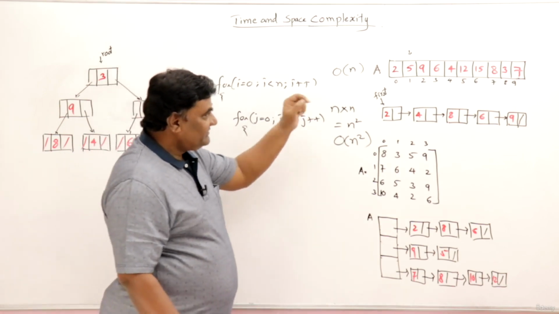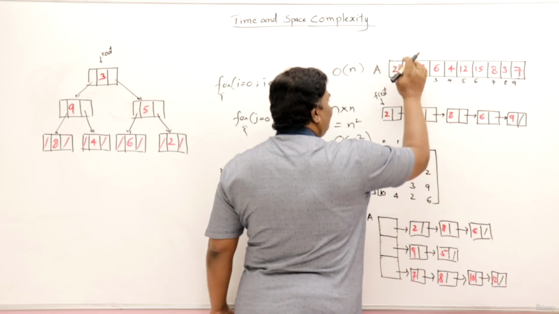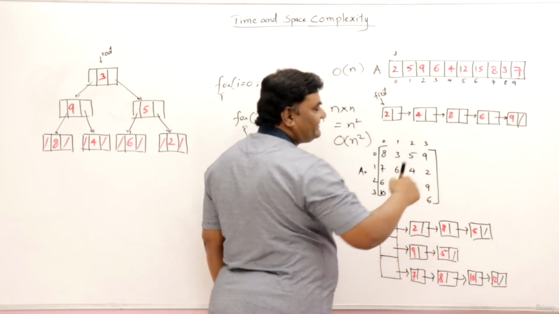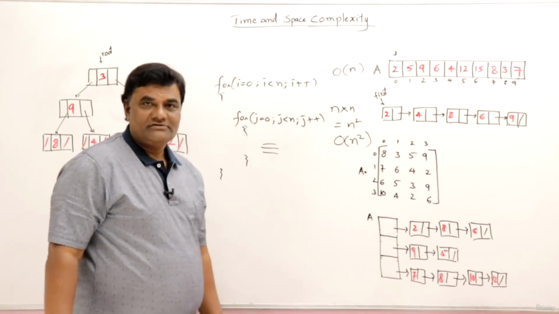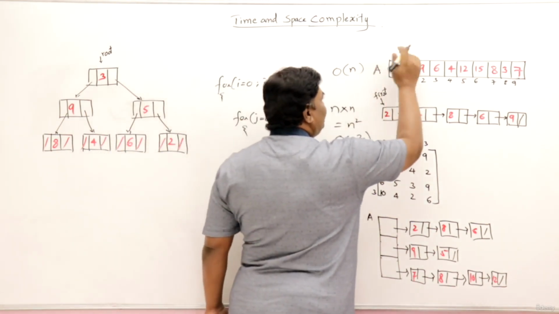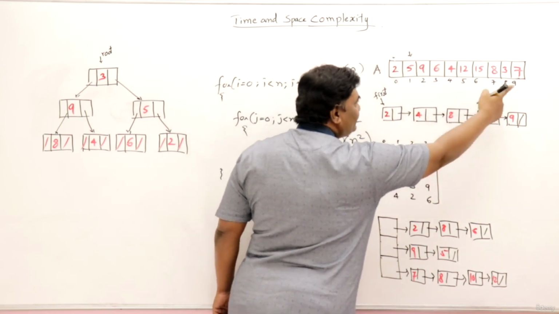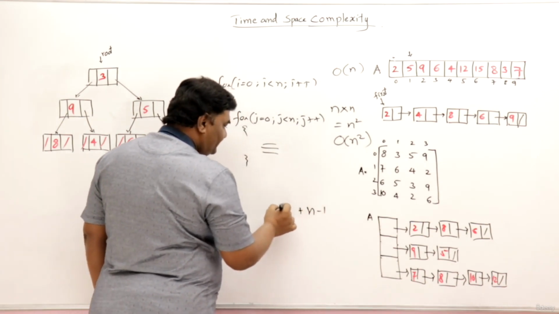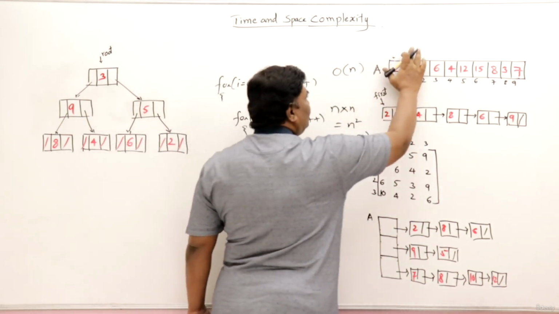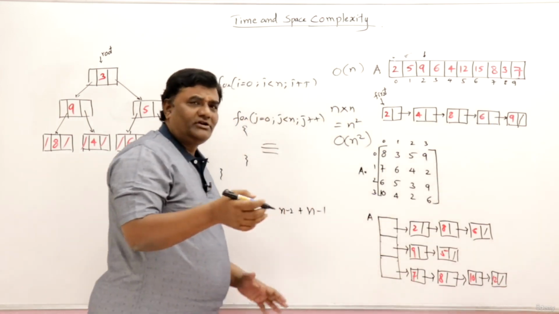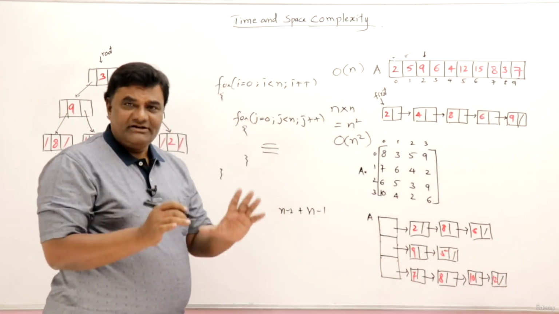Third situation for the same array. See, suppose being on the first element, I am processing the rest of the elements. So n minus 1 elements I am processing. Then being on the second element, I am processing the rest of the elements. I am not processing upon this one, right? So n minus 2. Then being on the third element, I am processing the rest of them. It depends what you are doing, right? So imagine something you are doing.